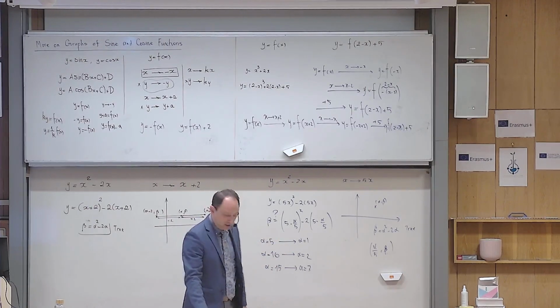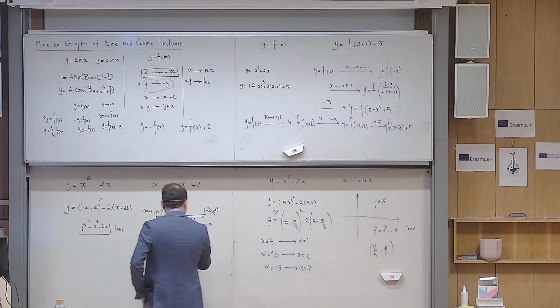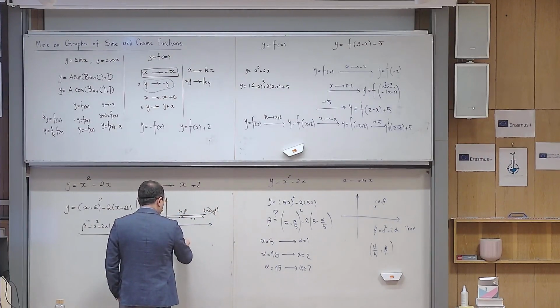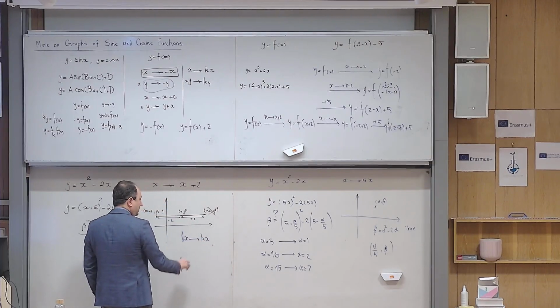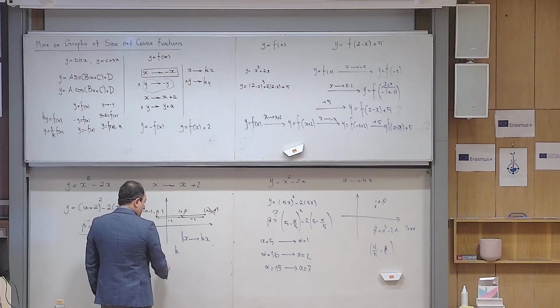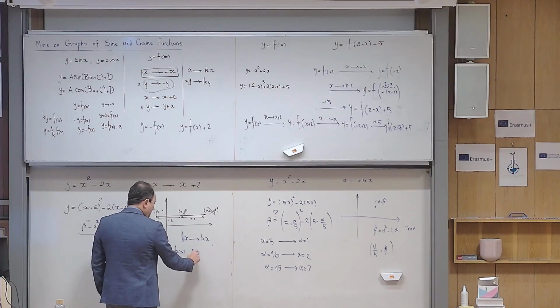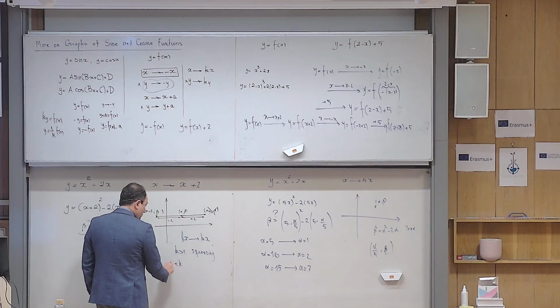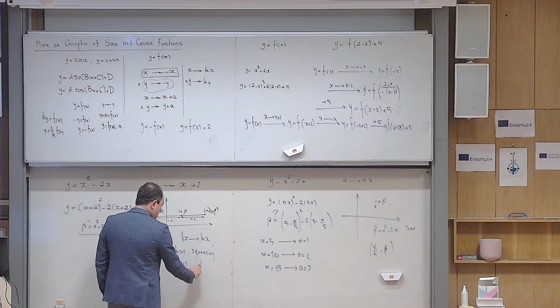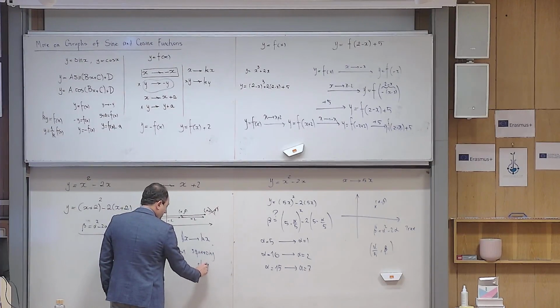So remember that if I change x to kx, the effect will be a squeezing if k is greater than 1. It will be stretching if k is between 0 and 1.